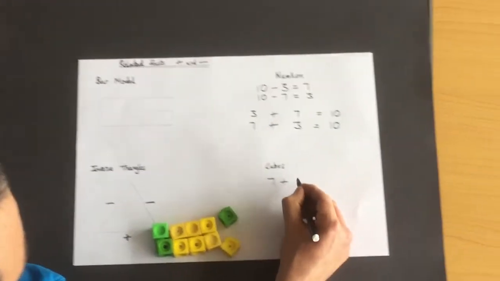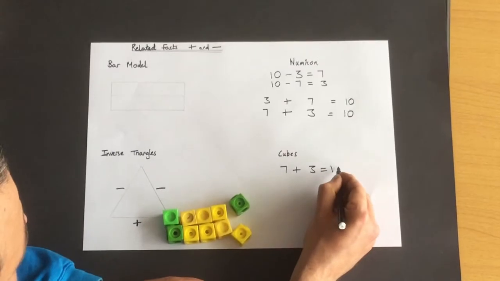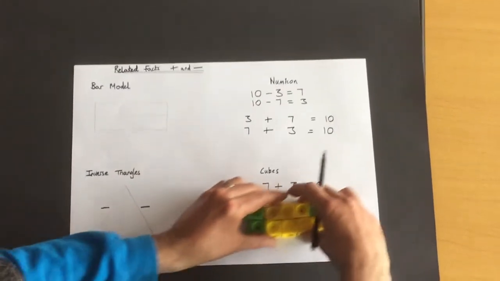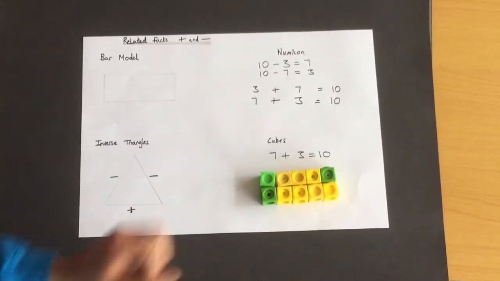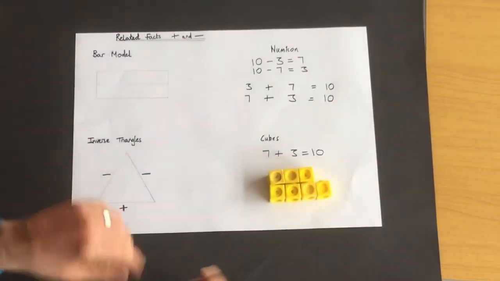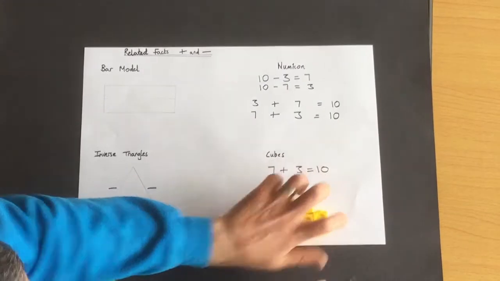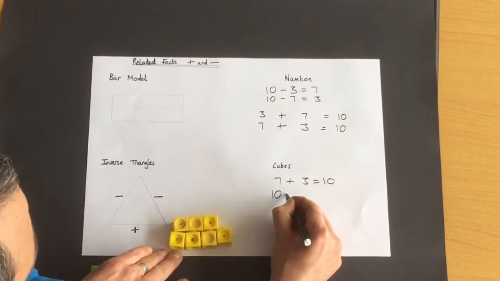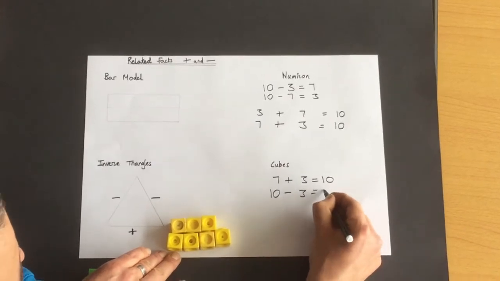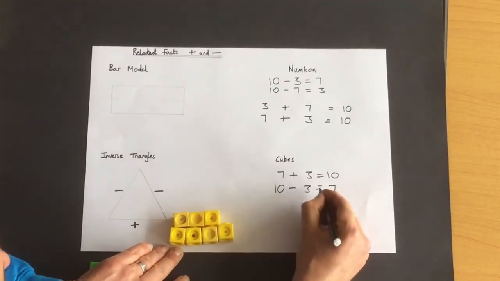So 7 add 3 equals 10. Okay, I'm going to do a subtraction one now, just to show you that. So I've got my 10 cubes there. If I take away the 3 green ones, I'm left with the 7 yellow ones. So I'm just going to move those out of the way to write that. So 10, take away the 3. Remember, I was left with the 7 yellow cubes.